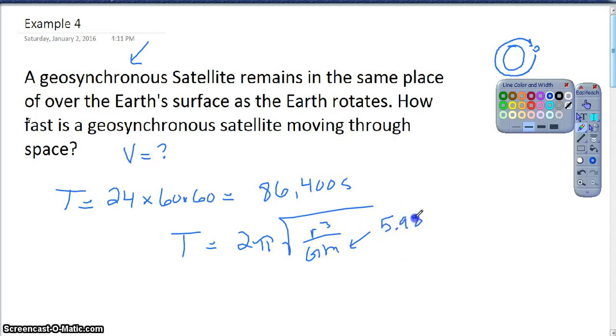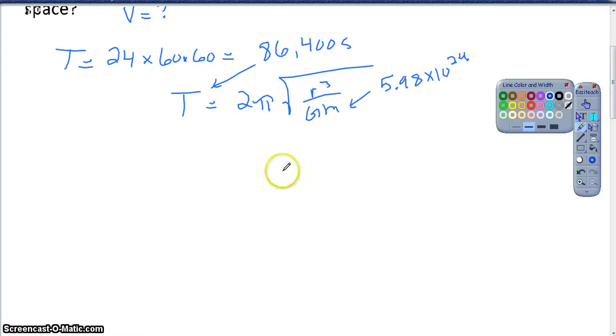It's 5.98 times 10 to the 24th. So once I know the period, I can use that period to help me find out the height, the total radius, the total distance that the satellite needs to be placed in orbit with. Right, so again, I'm going to leave that to you guys to calculate. You can find that total r, from the center of the Earth to that satellite's position.